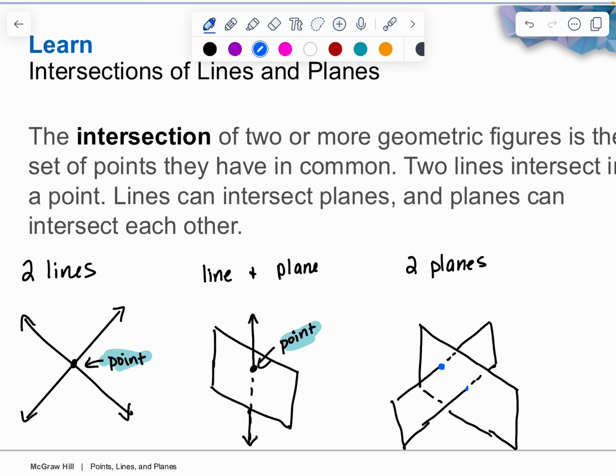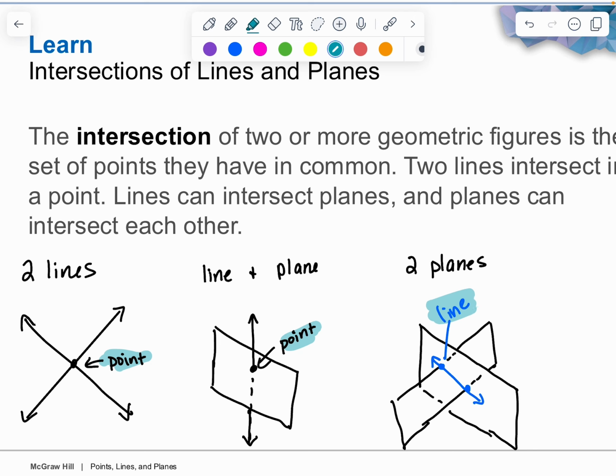There's going to be a point here and a point here, and that's going to be a line where they intersect. Two planes intersect at a line.